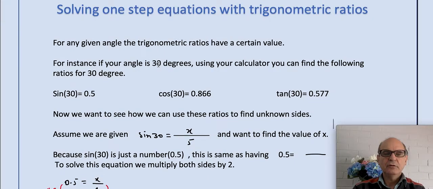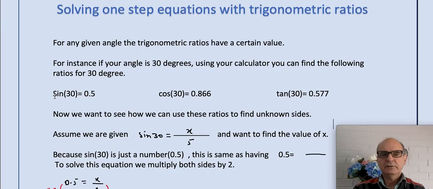So first of all, you've got to remember that when we're talking about sine of an angle or cos of an angle or tan of an angle, it is a number that you can find using your calculator. So any angle, as we talked about in the previous lesson, will have a sine, a cos, and a tan, which is the ratio in each case.